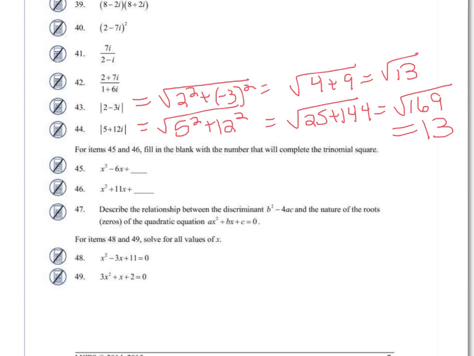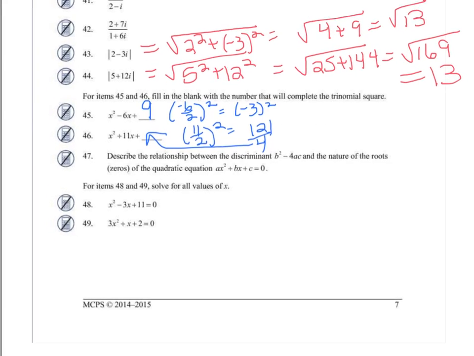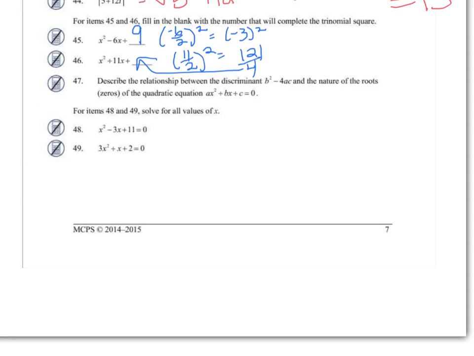To complete the square, we take half of b and square it. So that's negative 3 squared, which is 9. And then for 46, 11 over 2 squared, that's 121 divided by 4. So that's the number that would go in the blank there. For discriminants, that is the value underneath the square root in the quadratic formula.